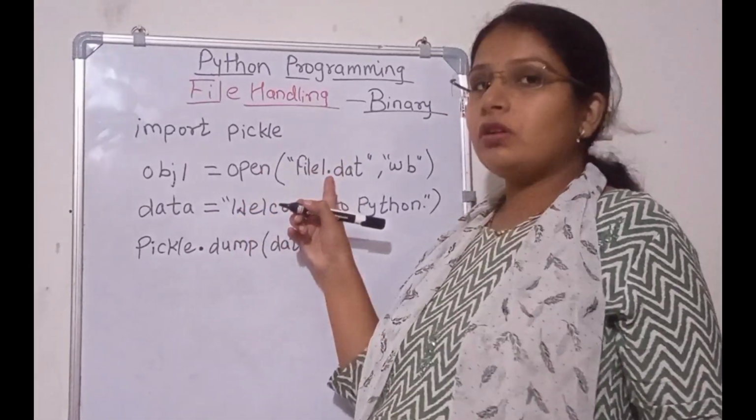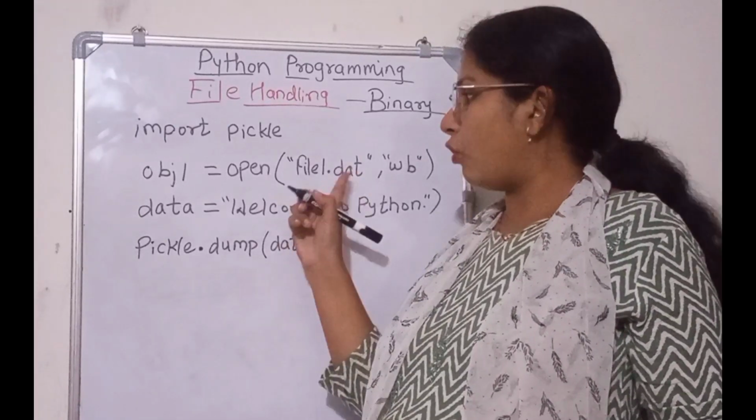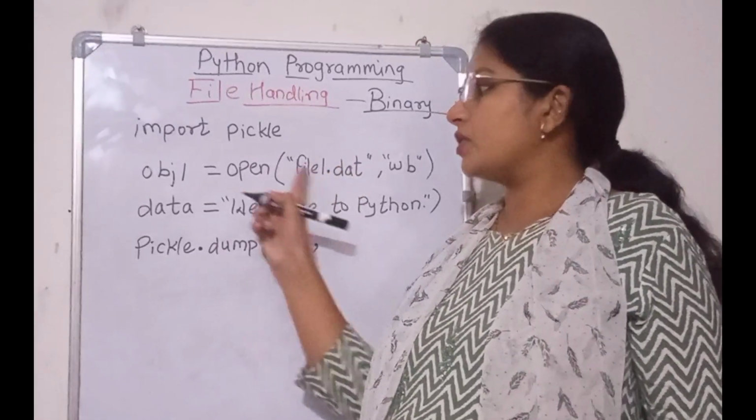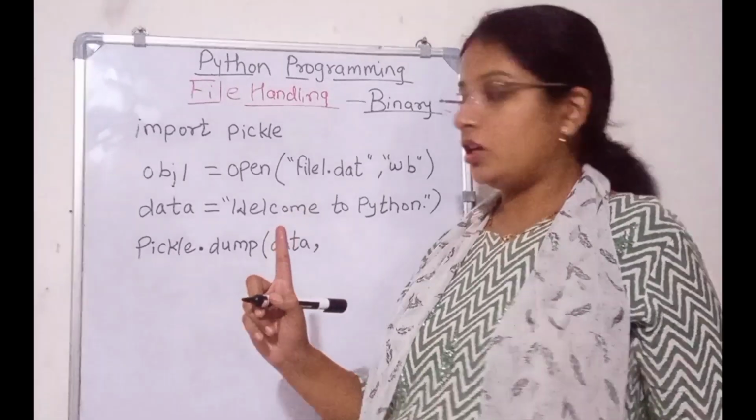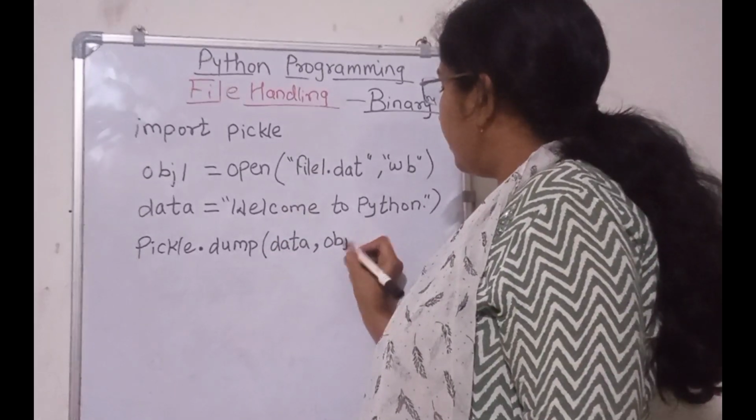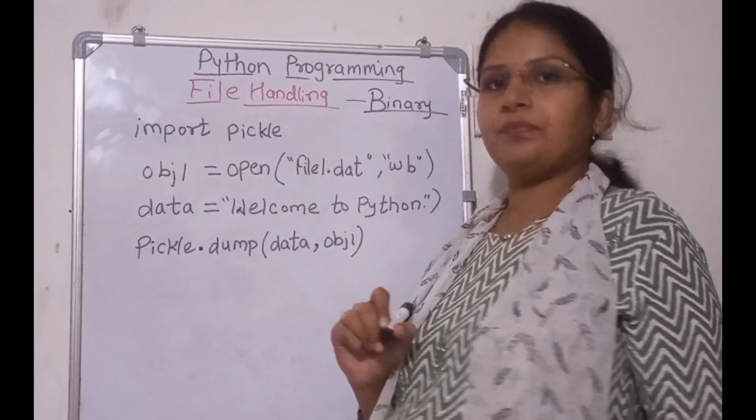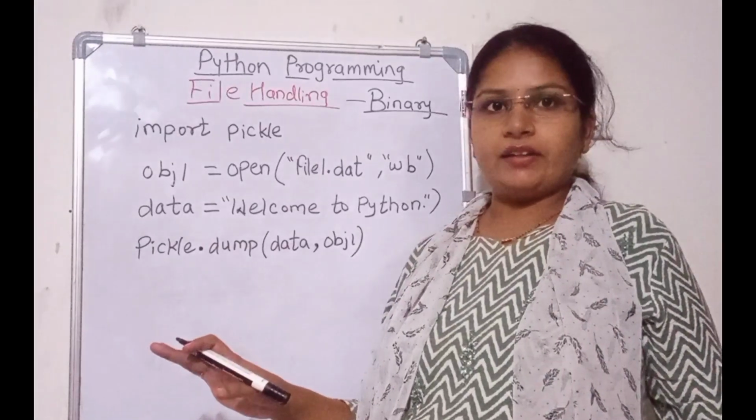We cannot use the file name here because we have already stored the reference of this file in your file object. So here your object name will be there, just like that, right?